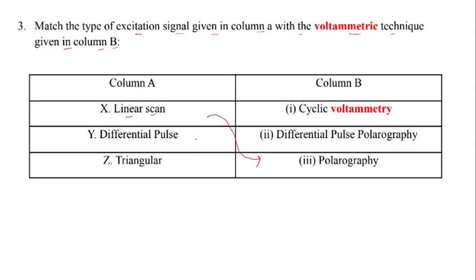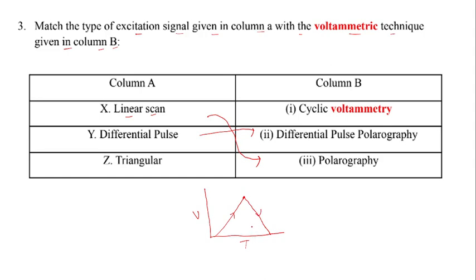Then differential pulse. As the name says, differential pulse means differential pulse polarography. And triangular means what? Suppose it is voltage versus time. You are increasing voltage up to a certain point, then decreasing voltage, so it makes a triangular graph like that.